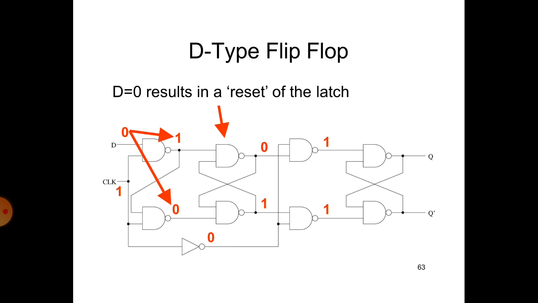So here D equal to 0 results in a reset of the latch. So here also the same operation, D will be 0, clock will be 1, output will be 1, and Q and Q bar will be 1, 1.